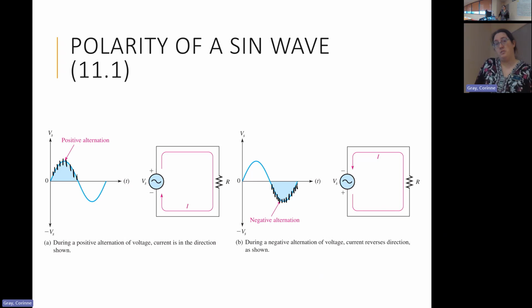What type of source is this besides the fact that it's AC? Is it voltage or current? So it's voltage, and this is why it has the plus minus. For current ones, it's a little bit more awkward, and it varies a little bit based off of what you have. But how have we been identifying a current source so far in this class?